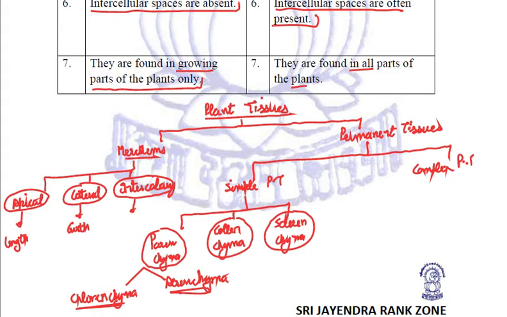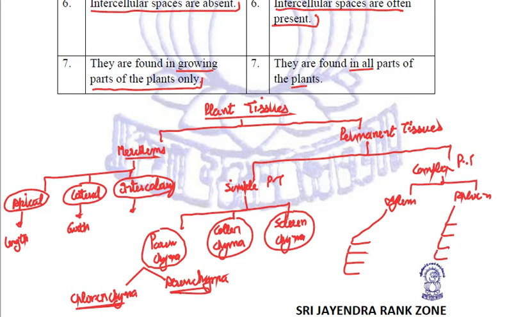Next we talked about complex permanent tissues, further divided into two, that is xylem and phloem. This xylem we talked about further subdivided into four parts, and the phloem also subdivided into four parts.